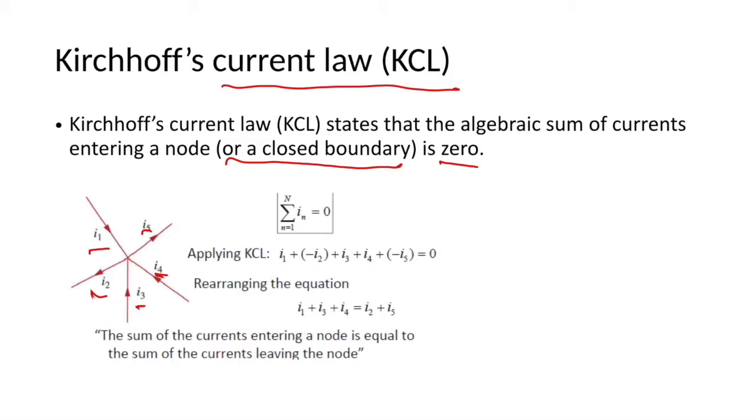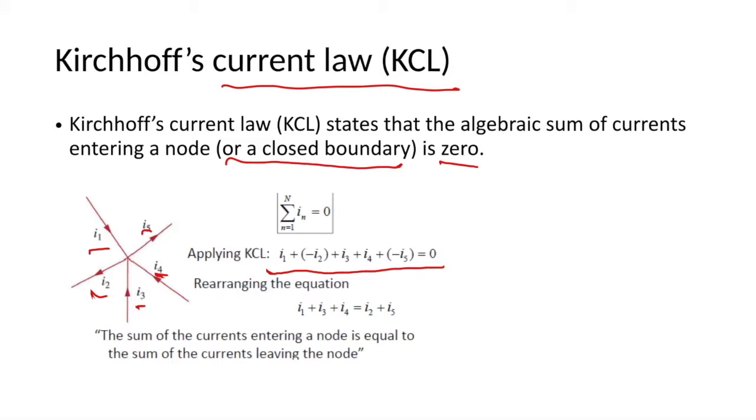So we can denote the current entering the node as positive and the current leaving the node as negative. So we can get this KCL equation. And we can also write down another equation.